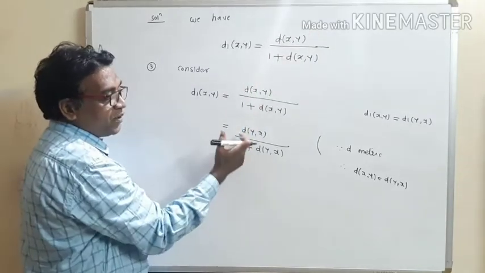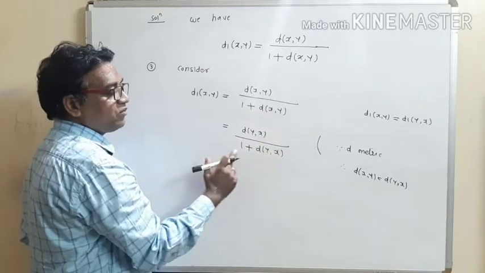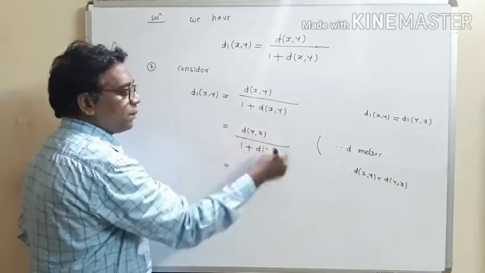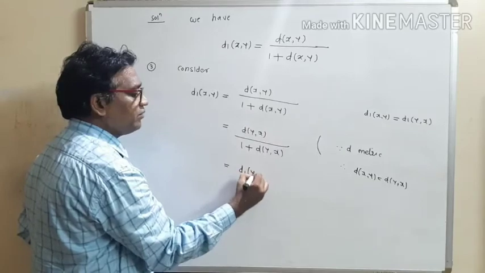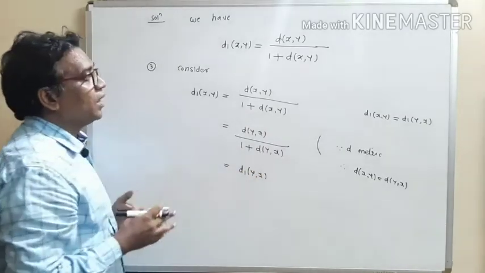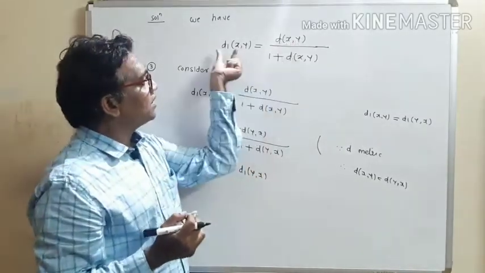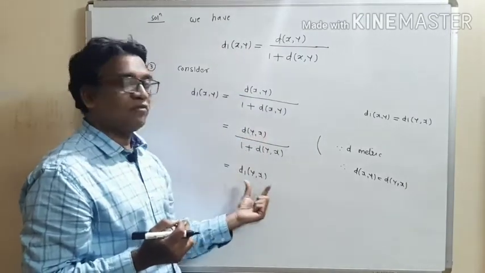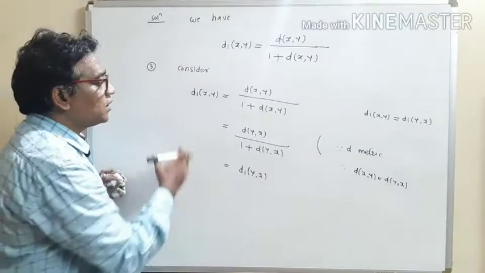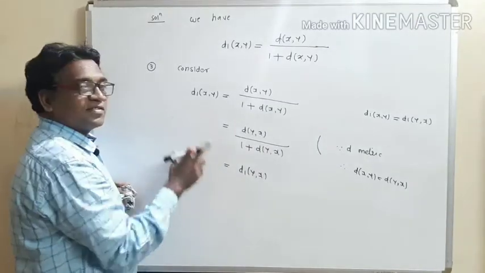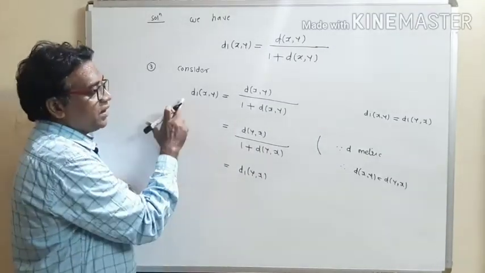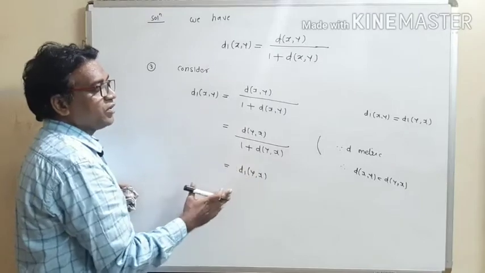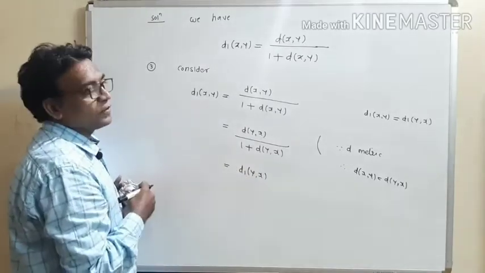So for this value d(y,x) divided by 1 plus d(y,x), we can replace it by d1(y,x). If this is the pair x,y, then this is the term d1(x,y), so for y,x we can write d1(y,x). So we have shown this third property, called the symmetric property. d1(x,y) is equal to d1(y,x). We have shown the symmetric property.